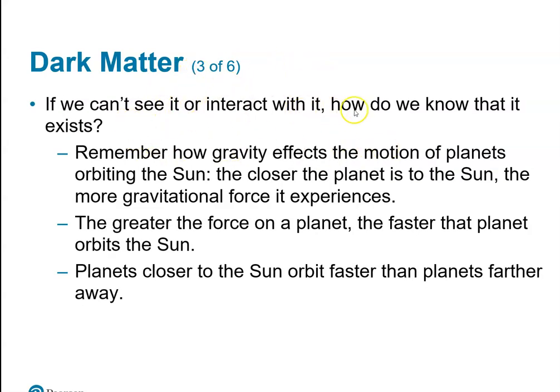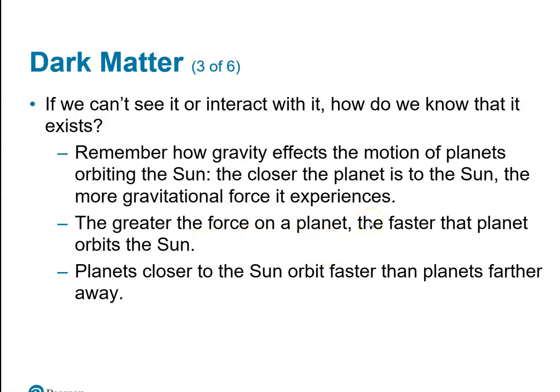So if we can't see it or interact with it, how do we know it exists? That's a great question. It's because of the gravitational effect. Like if you looked at our sun, the sun is 99% of the mass of the solar system. Most of the mass resides in the sun. And so the planets that are closer to the sun go fastest, and the planets that are further from the sun go slowest, right?